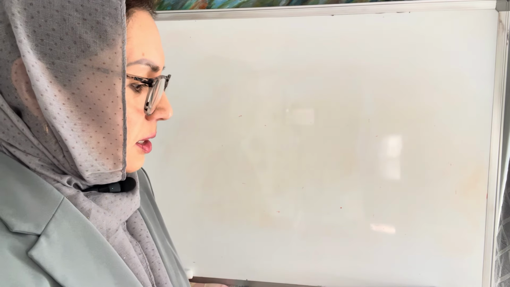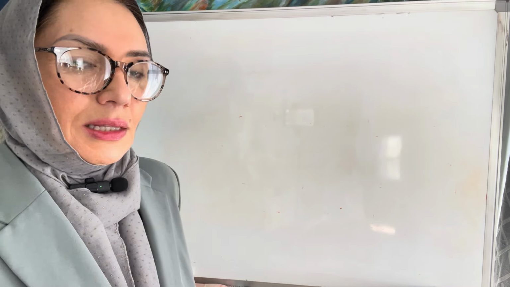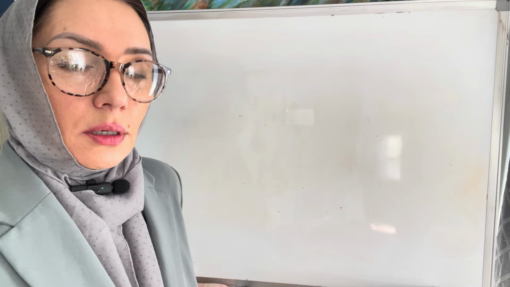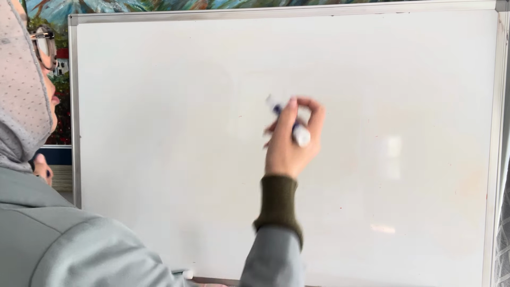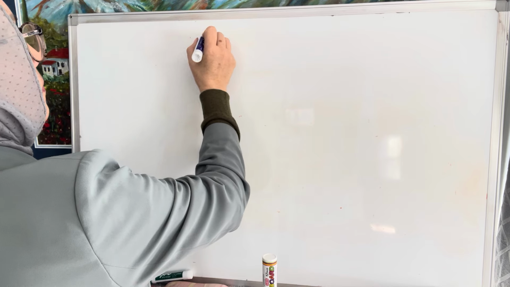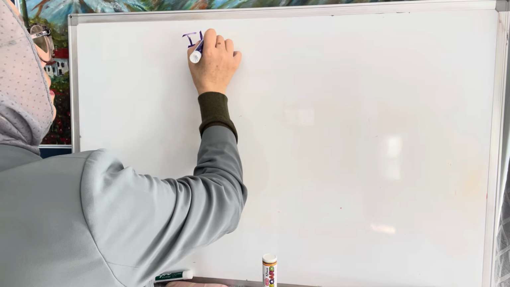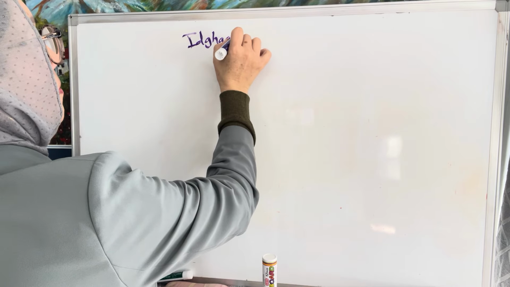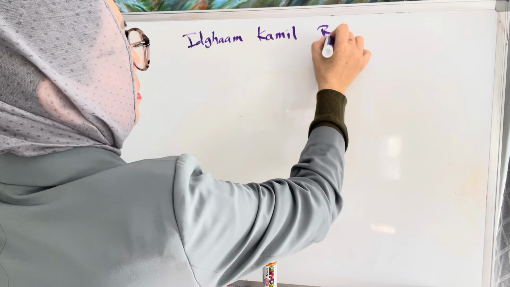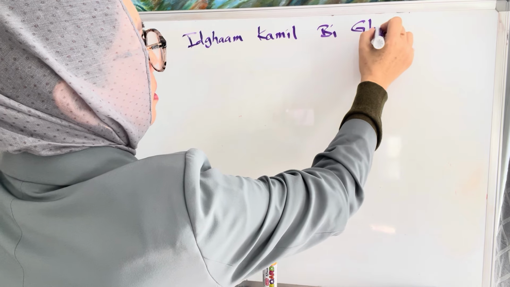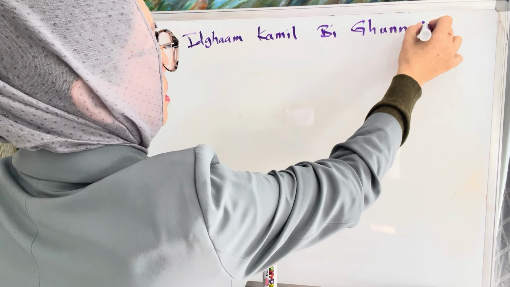Okay, so let's give the example for idgham kamil with ghunna, bi ghunna. So this would be the first category, idgham kamil bi ghunna.